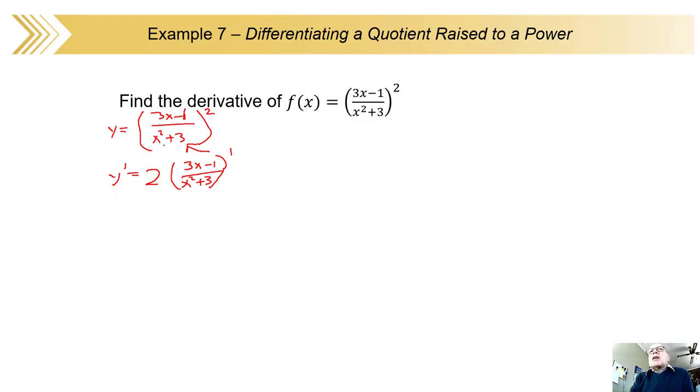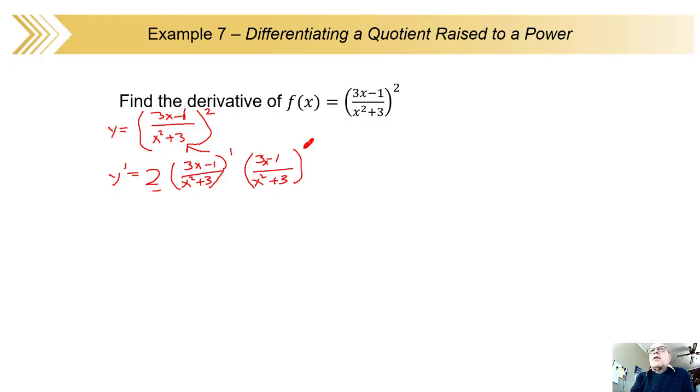And the chain rule says, just use the general power rule. That's what we just did. When you do that, then you want to take the derivative of what's inside, the 3x minus 1 over the x squared plus 3. You're going to take the derivative of this one.